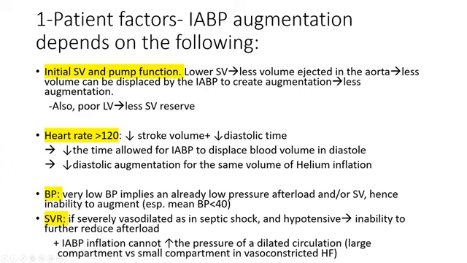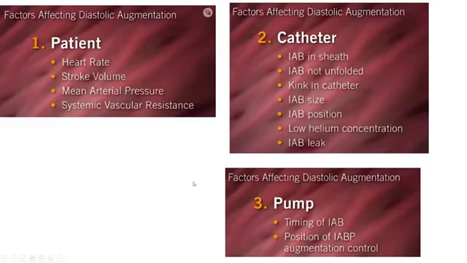That's why, of course, balloon pump is not going to work in septic shock, because balloon pump cannot increase the pressure of a dilated circulation of a large compartment. You need that small compartment of vasoconstricted heart failure to augment with balloon pump.